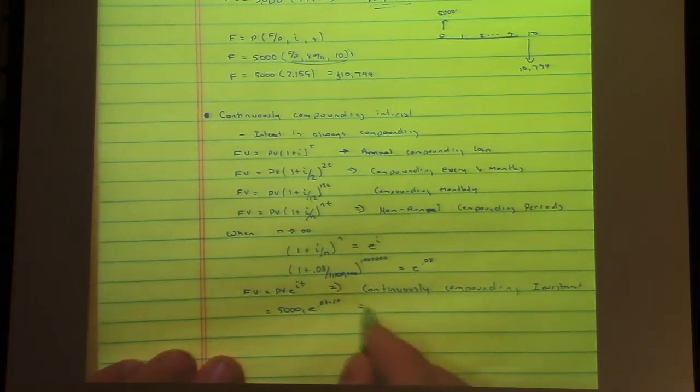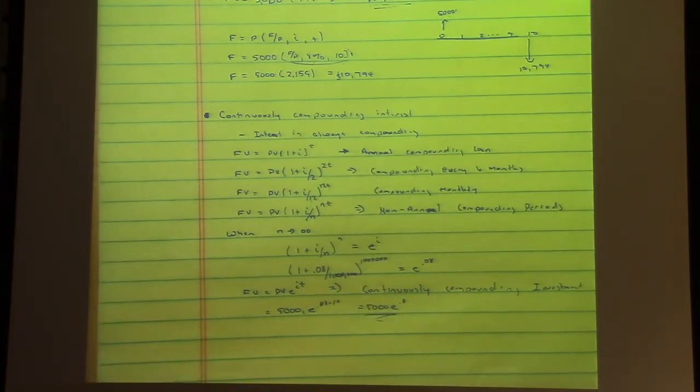So we'd have $5,000 times e to the 0.08 times 10, which is 0.8. This would give us the principal at the end of those 10 years of this $5,000 when invested in a continuously compounding investment.